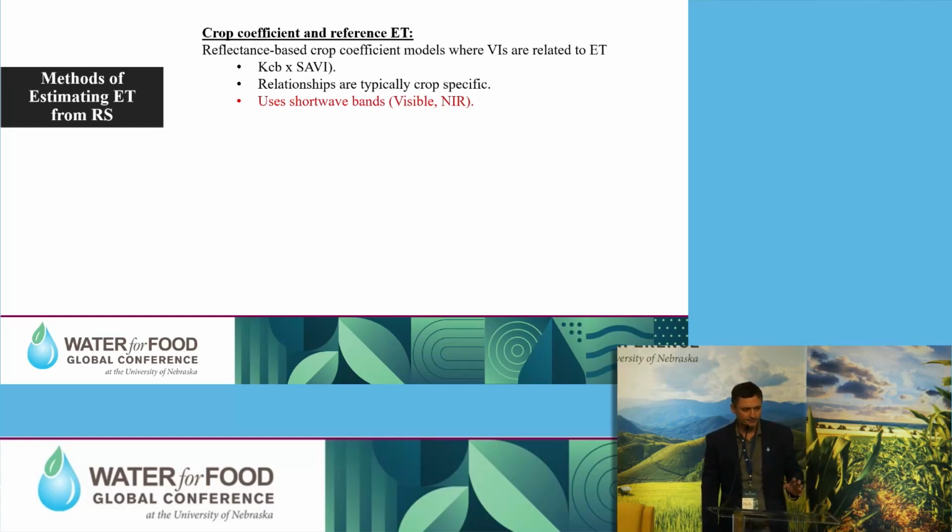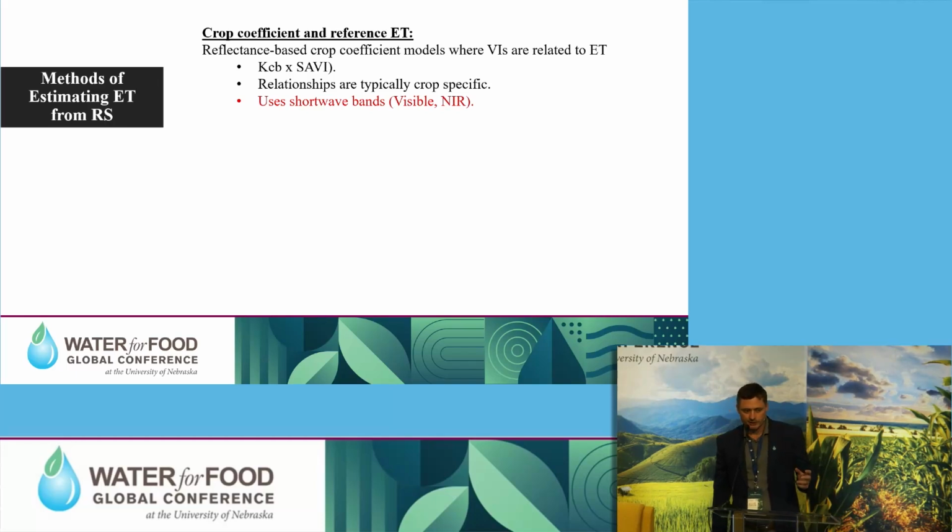The first one is the approach using the relationship between the basal crop coefficient and the vegetation index. In this case, for irrigation, we use SAVI, the Soil Adjusted Vegetation Index, and through the relationship with SAVI, we can get the basal crop coefficient.